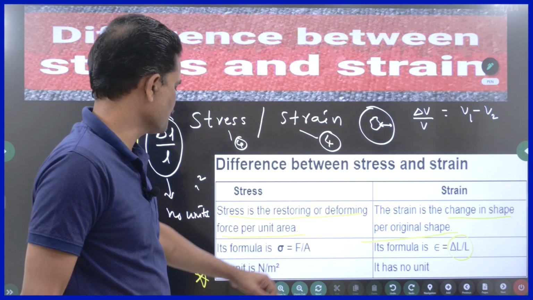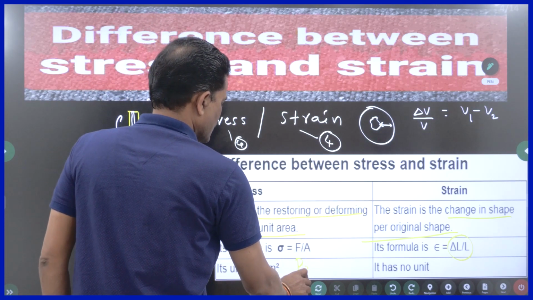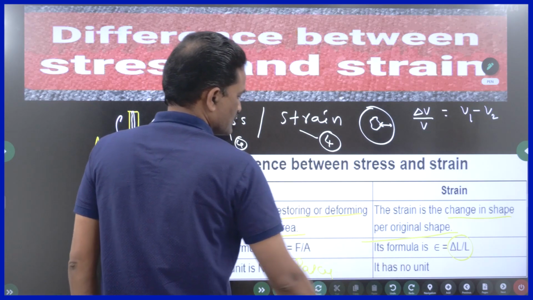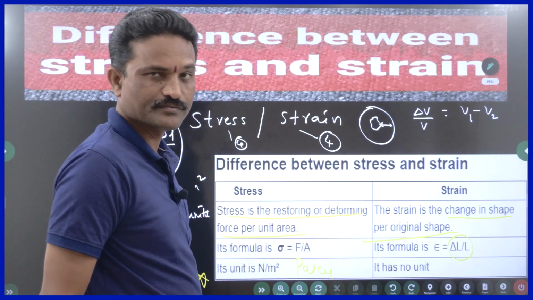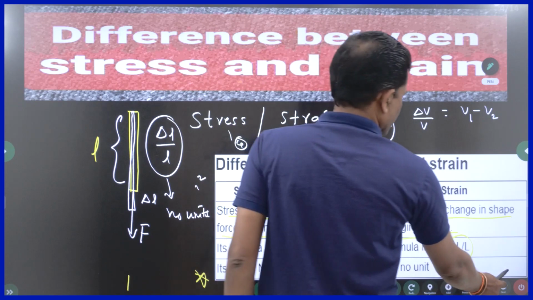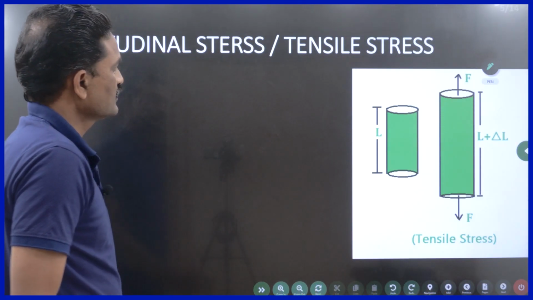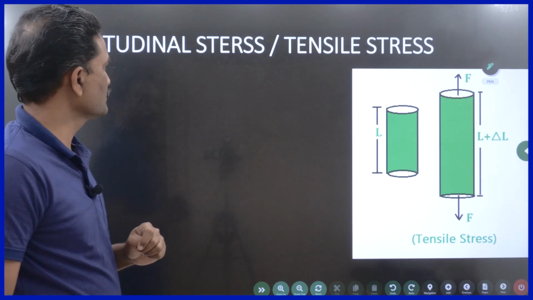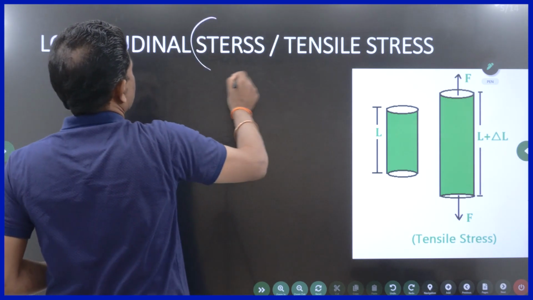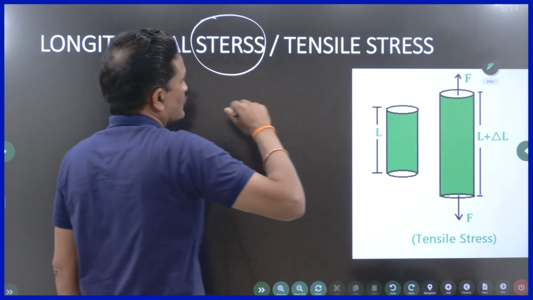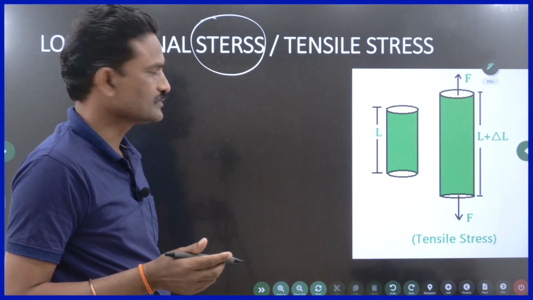Stress has units of Newton per meter square or Pascal. For strain there are no units, right? So there are three questions as I told you. One question is on stress and another question is on strain, right?